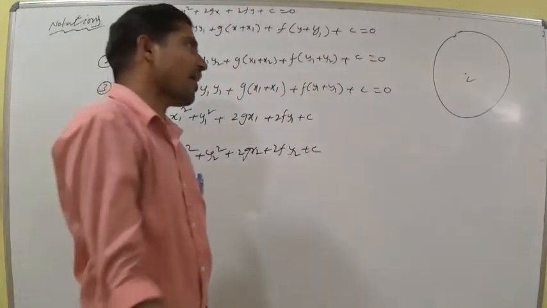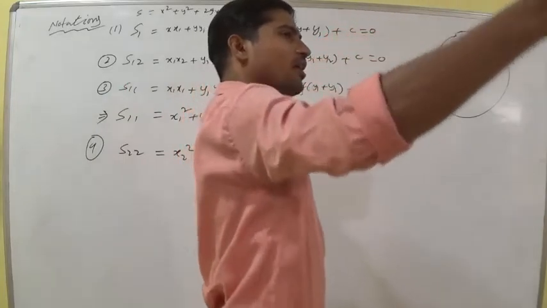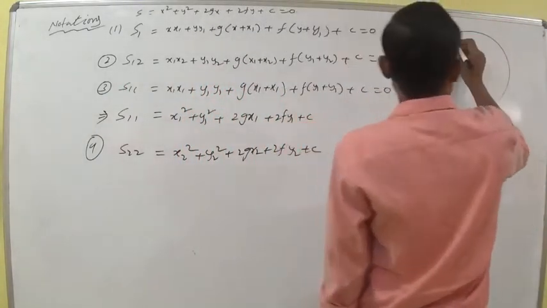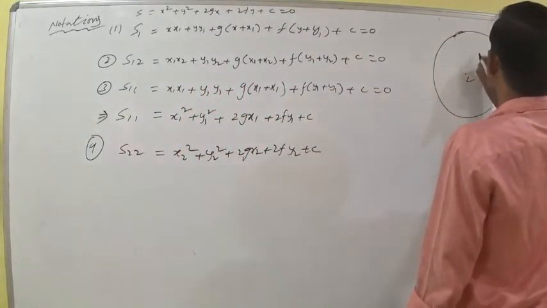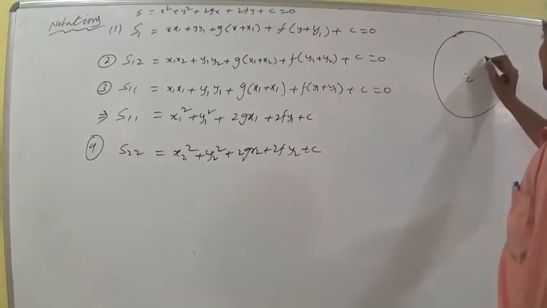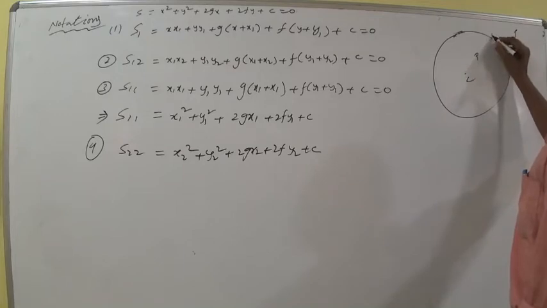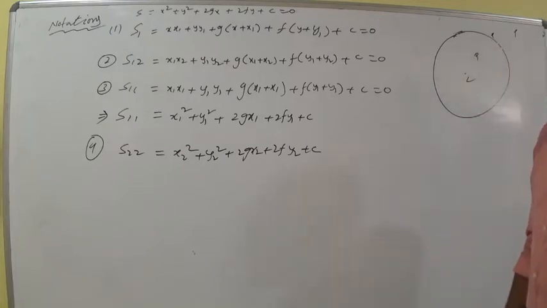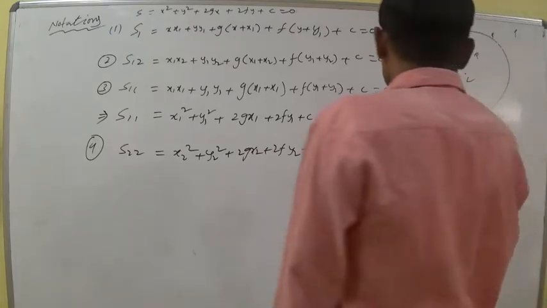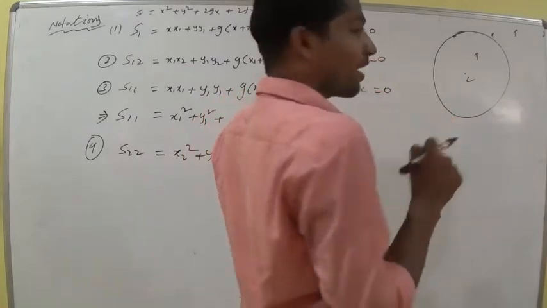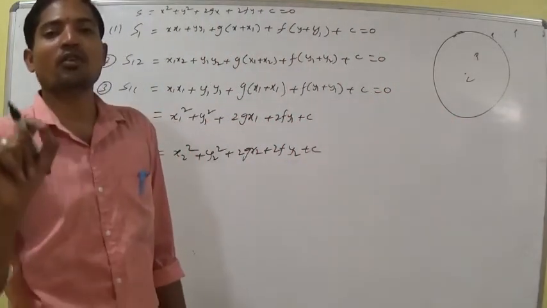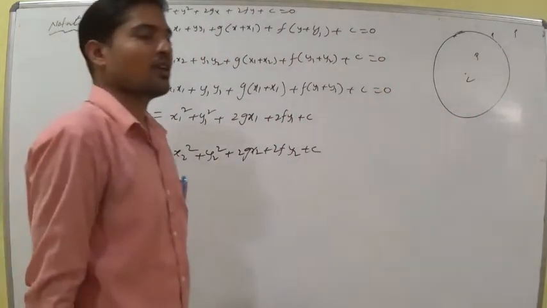That point lies inside, outside or on the circle. I have to decide where the point lies, and at that time we recognize it with the help of S11.